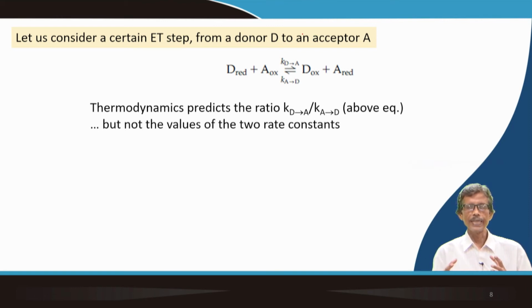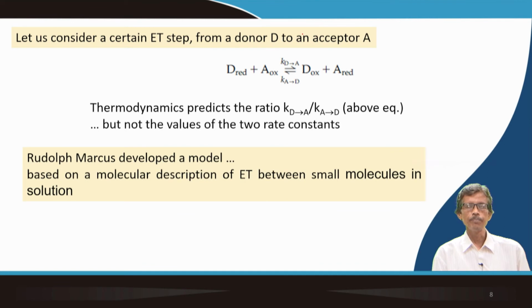So, the ratio of k_DA by k_AD from the above equation we can find out, or the thermodynamics can predict, but not the values of the individual rate constants. What we can do for electron transfer reactions? Henry Taube got the Nobel Prize for electron transfer reactions, particularly of metal ion complexes, in 1983.